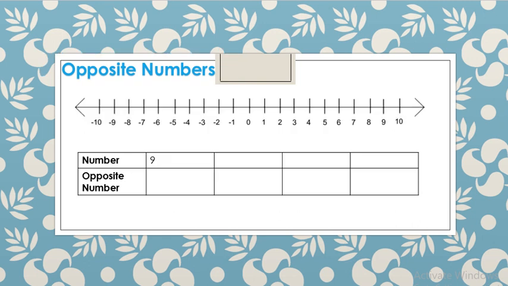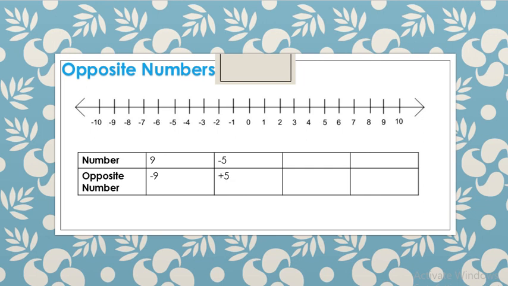Let us now see a few examples of opposite numbers. So here I have the number line for you and I have the numbers, and you are going to find out what the opposite number is going to be. Here we have number 9. What is the opposite number of 9? Yes, it's going to be minus 9. The opposite number of minus 5? Yes, it's going to be plus 5. You can either write 5 or you can add the sign plus.